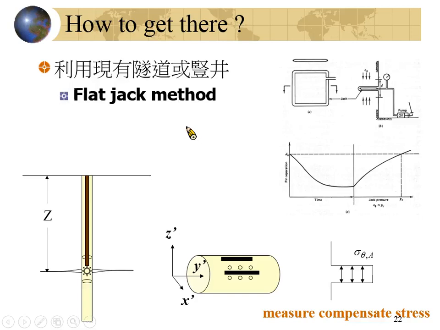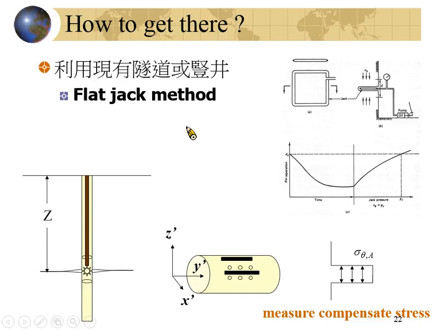And I already mentioned to you the second approach. We call it the compensation approach. We try to release the stress and then apply the stress again. When you relieve the stress, the rock will deform. So you apply a stress to make the rock go back to the original position.